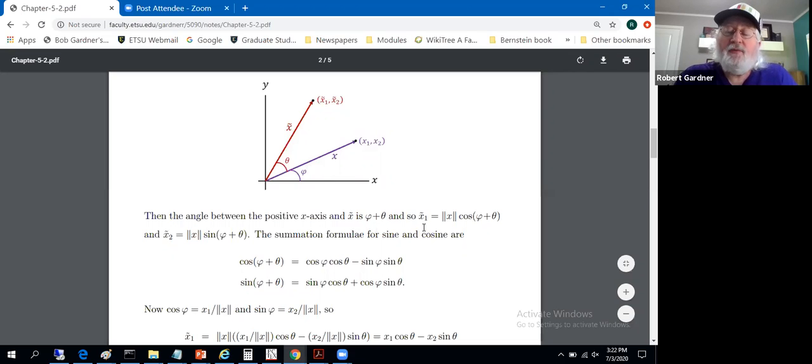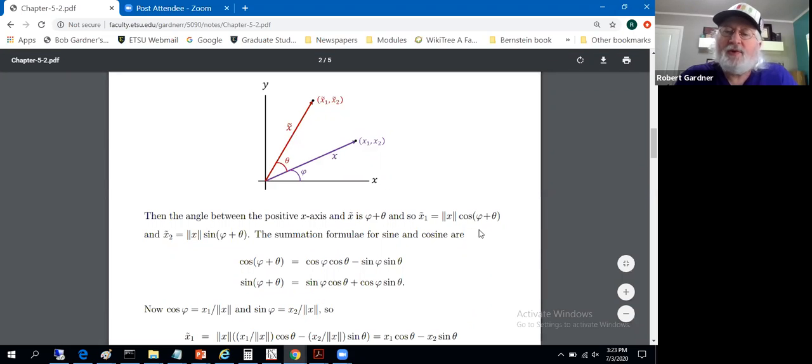So, as above, we get x1 tilde, the first coordinate of this point at the head of vector x tilde when in standard position, is the norm of x times the cosine of phi plus theta, just like we had upstairs. Remember, maybe you want a norm of x tilde. Well, we didn't stretch the vector, we just rotated it. So the norm of x tilde and the norm of x are the same. So this is what we had above.